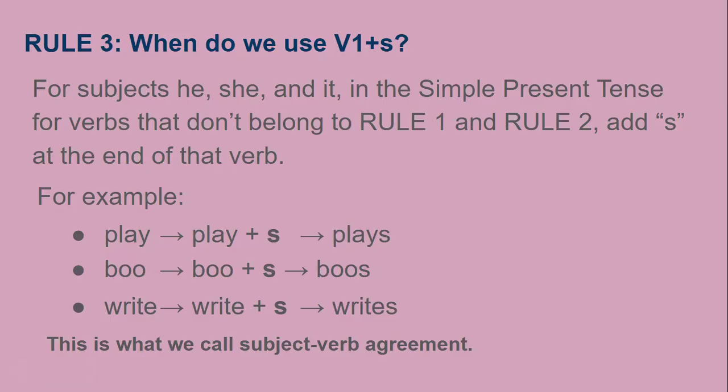Great. So the rules are shaping up nicely. We did 3 rules. So now we need to go to the 4th rule. The 4th rule is when do we use V1, meaning just V1, without adding ES, without adding IES, and also without adding S. So in which situation do we not add anything at the end of the verb?